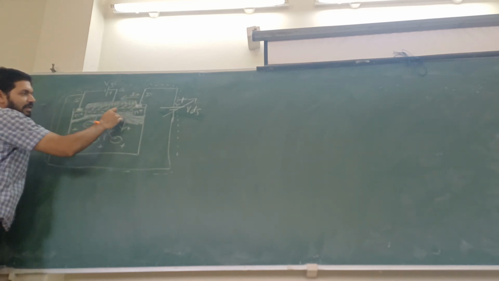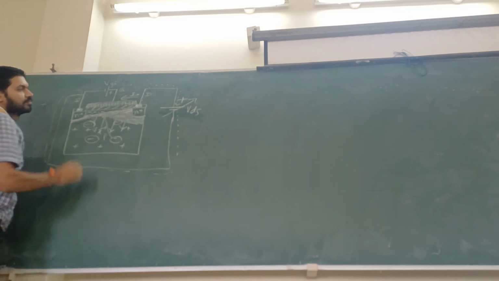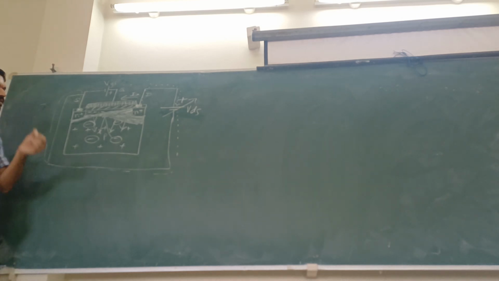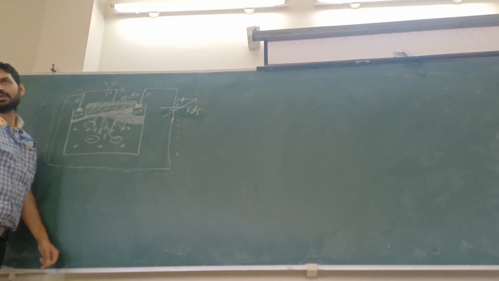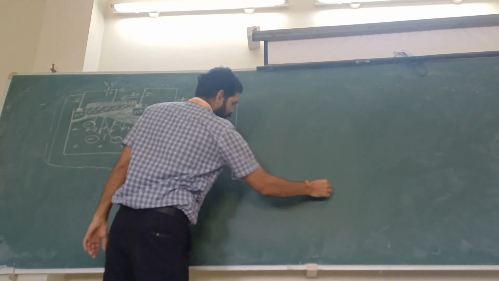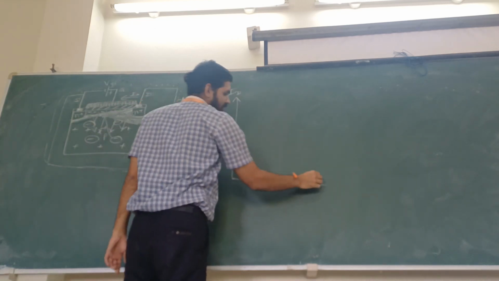When this region increases, it will try to overlap the channel. The channel will be engulfed by the depletion region. When there is very little space left for the charge carriers to move, that condition is called pinch off.